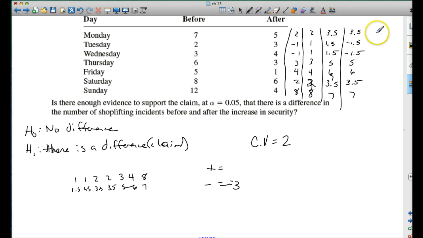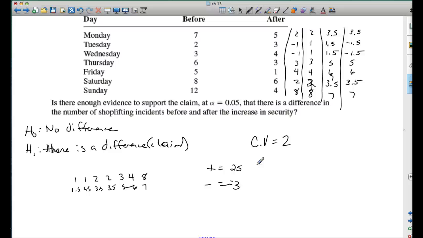Adding up our positive numbers here, we get 11 and 7, 18, 25. So we get positive 25 and negative 3. Select the smaller of the absolute values of the sums, which here is 3, and use this absolute value as the test value, in this case 3.